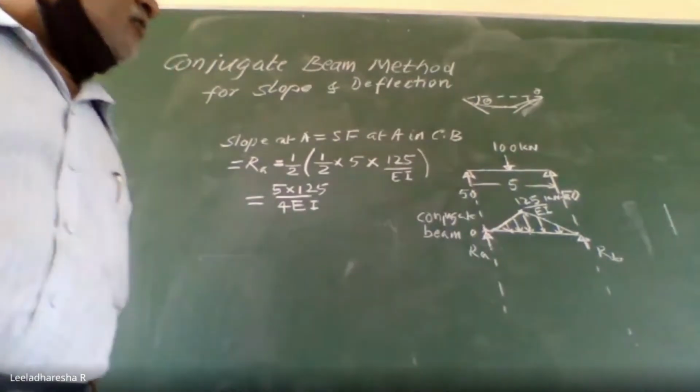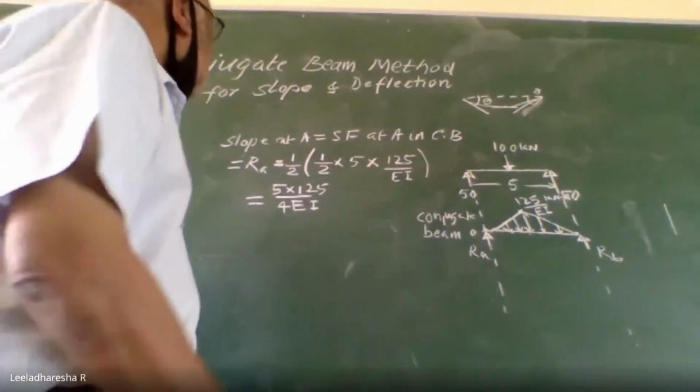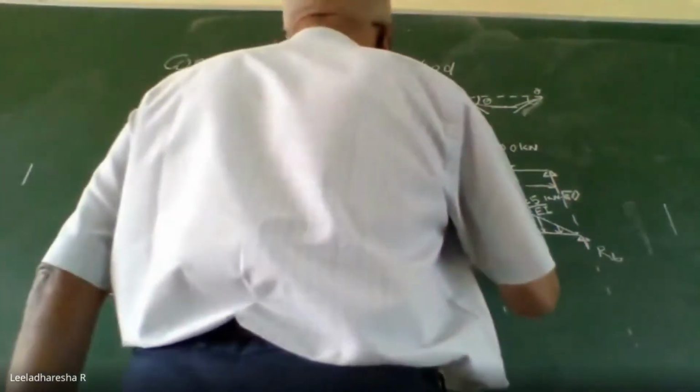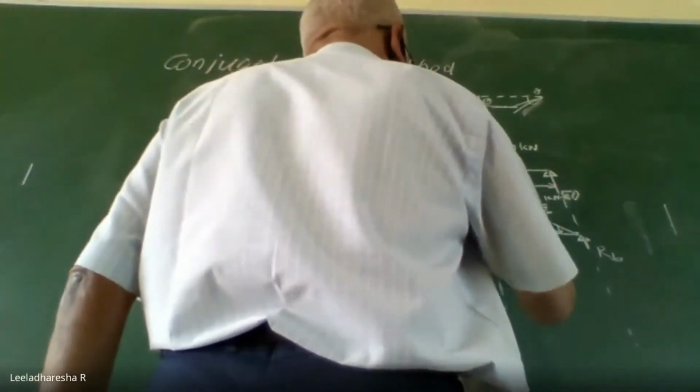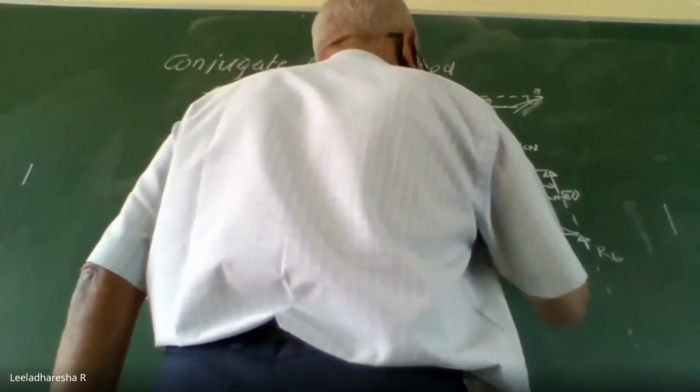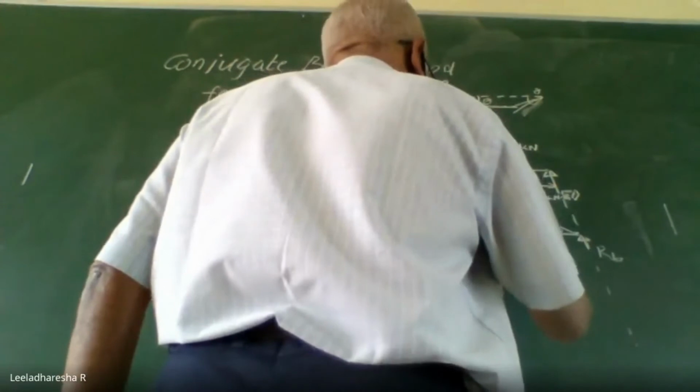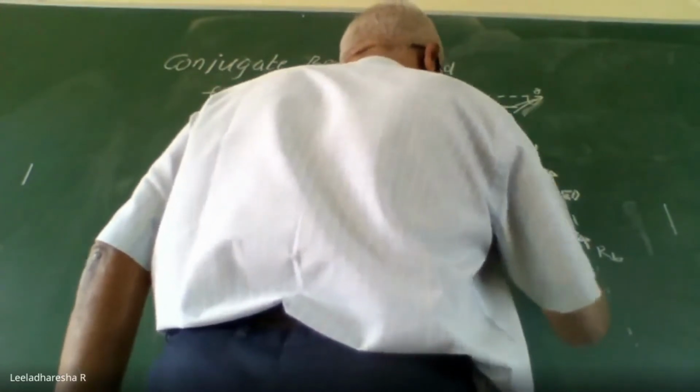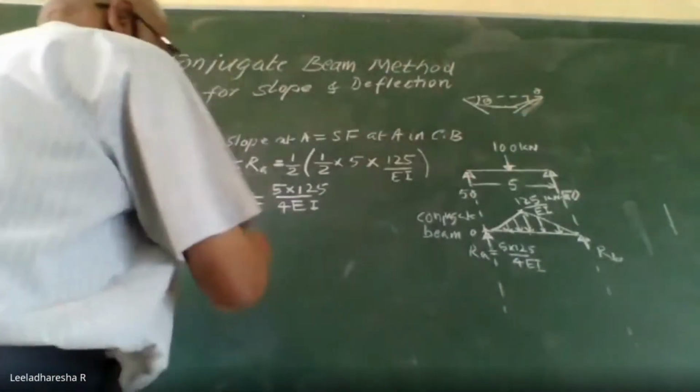equal to 0. Now the RA value I have is 5 into 125 by 4 EI. Prove it, one or two cases.